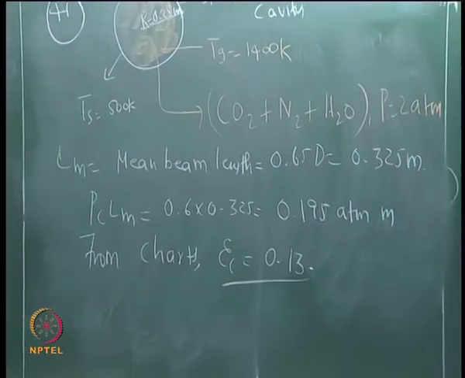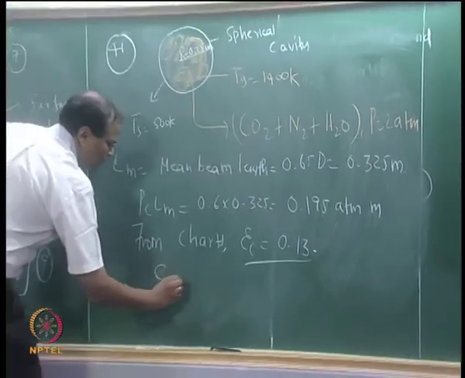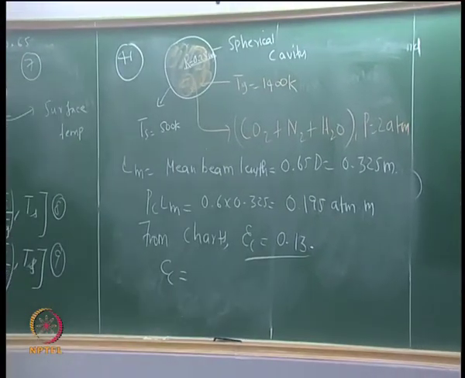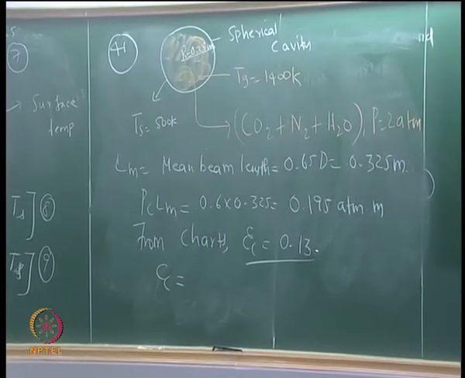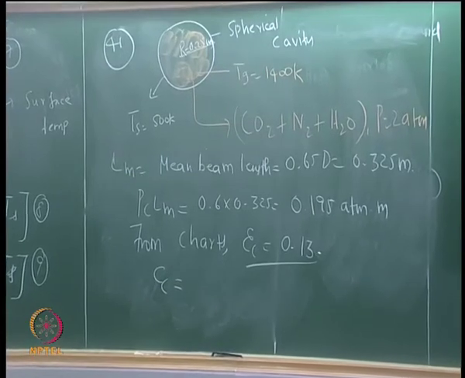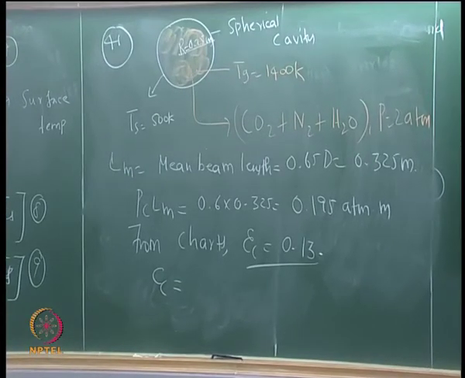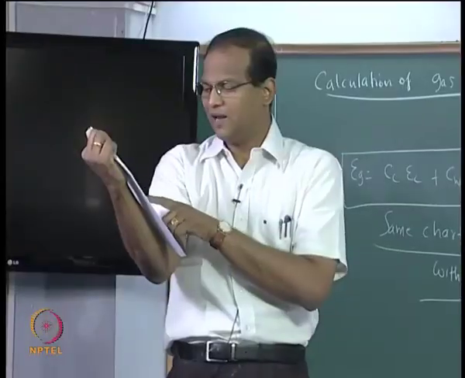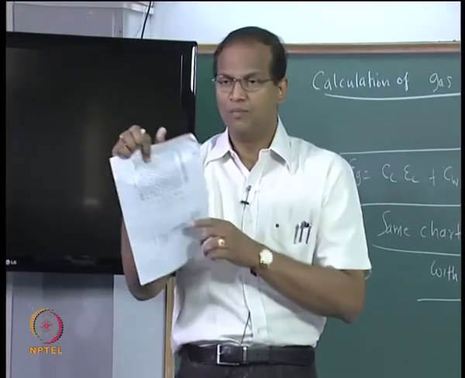Then straight away we can get the Cc. So that is a correction factor. For the correction factor you go to this chart, total pressure is 2 atmosphere, okay, and partial pressure Pc into Lm is again 0.195.